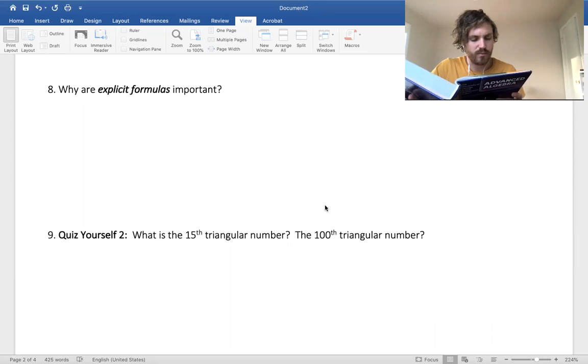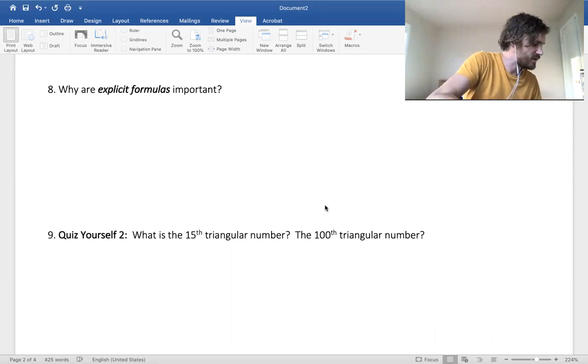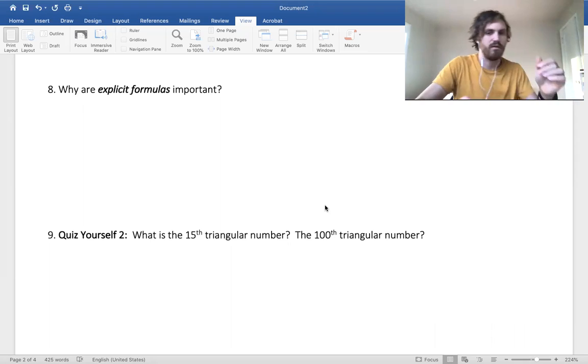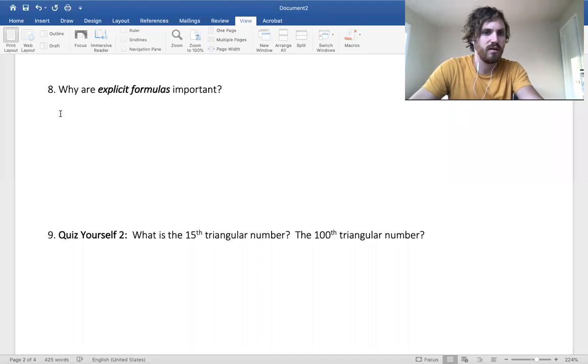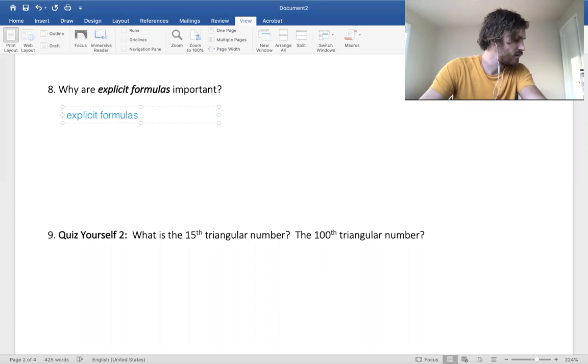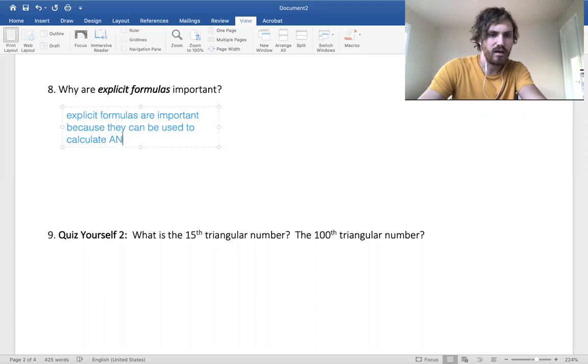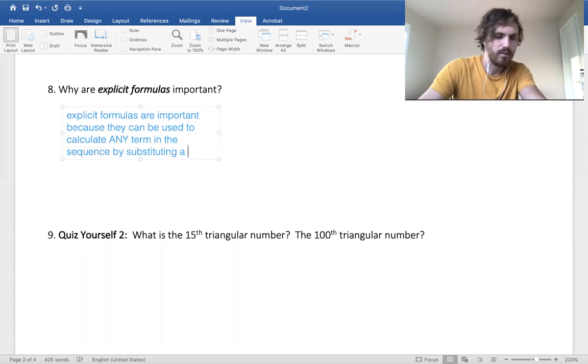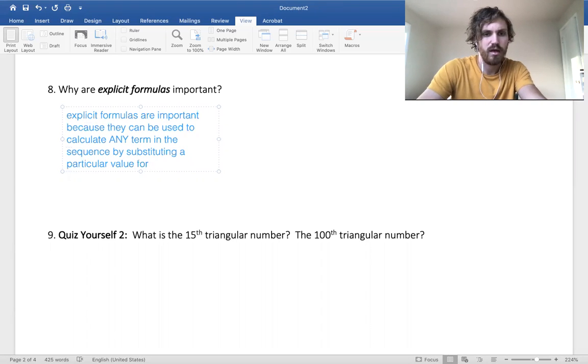Explicit formulas are important because they can be used to calculate any term in the sequence by substituting a particular value for n. So let's write that down.